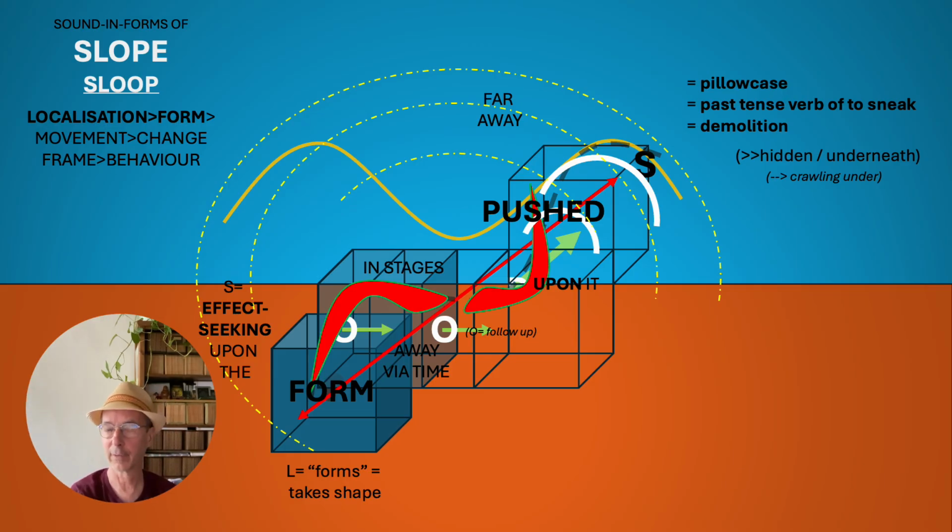Something is pushed over it, that the situation or the stages of situations are going to change from O to O. Something is going to be changed, essentially a change that you try to follow up as well. So that is a little bit less clear for the last association of demolition, but it's still that kind of follow up.